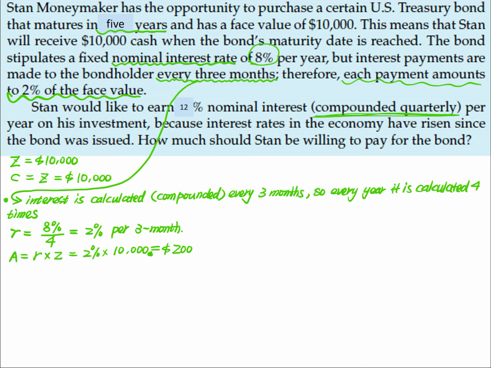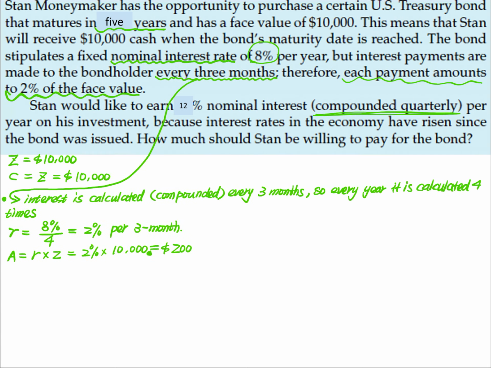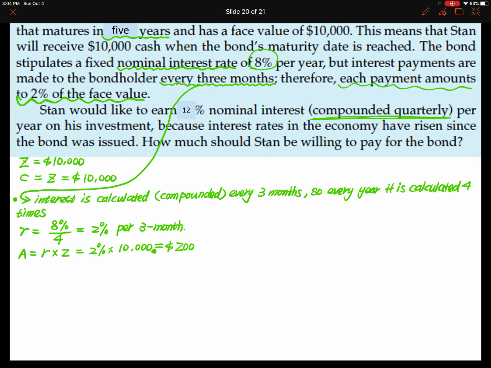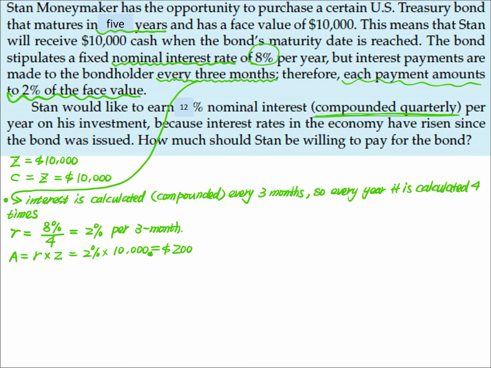Okay, and Stan would like to earn 12% nominal interest per year on his investment, and also it's compounded quarterly. So the 12% personal MARR is a nominal rate. So you want to convert that to MARR per 3 months as well.